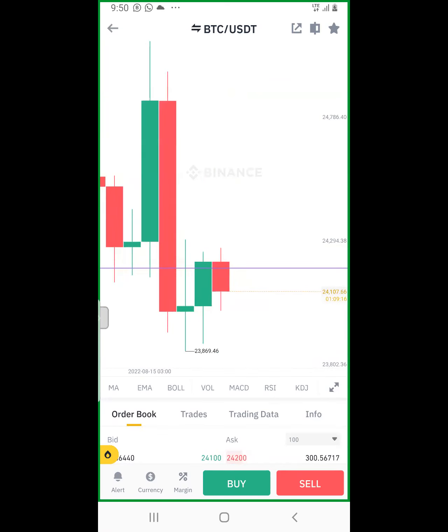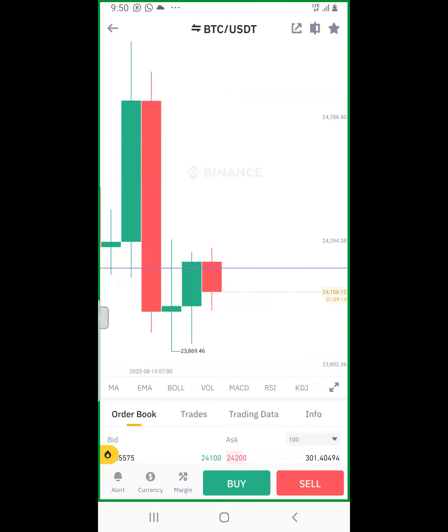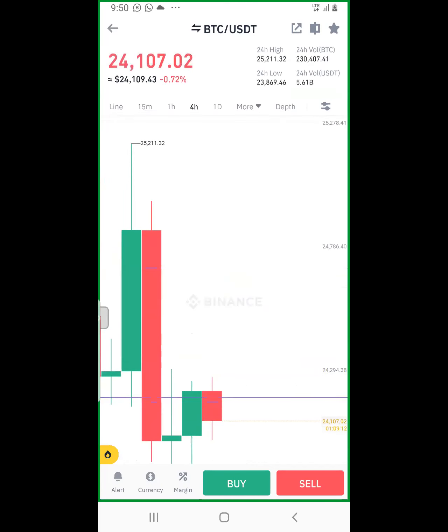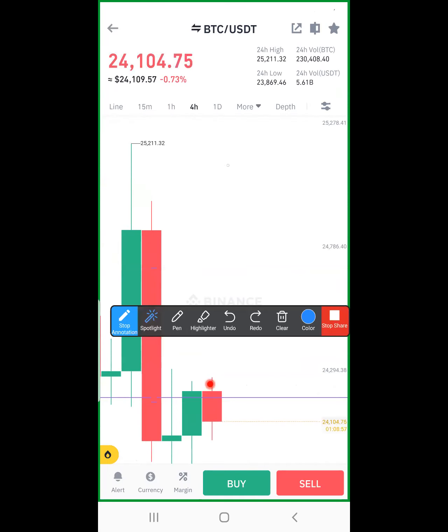So at the end of the day, depending on the transactions that it has made, Binance will print for us a bar showing how the transactions have happened in that time frame. It can be an hour, 4 hours, a day, a week, or even a month.